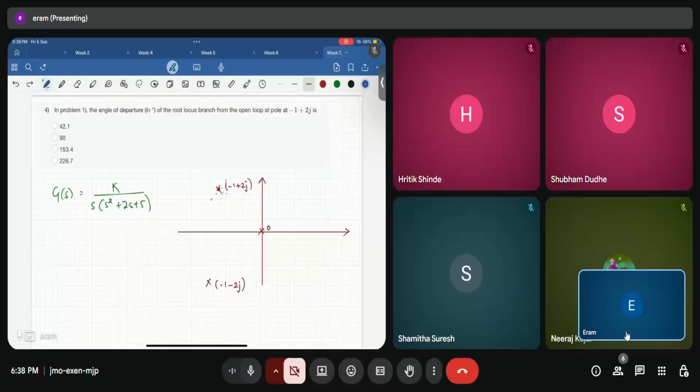So let's call it angle A, which is this angle. First, what angle is this pole making with the other open loop pole? Let's take the first open loop pole as 0. What will be this angle A?